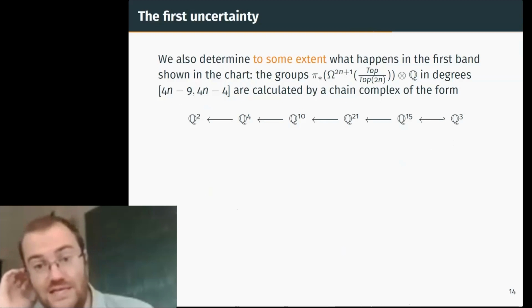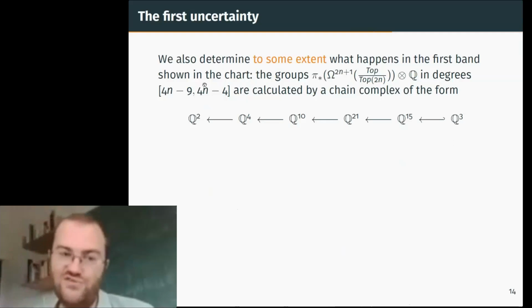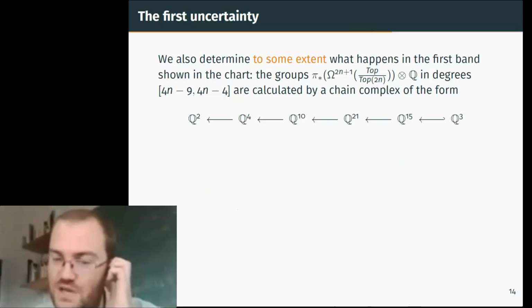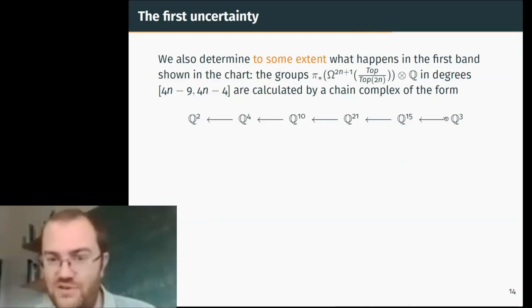And we calculate that in this range of degrees, 4n minus 9 to 4n minus 4, so that's exactly the width of that band, the homotopy groups are calculated by a chain complex of this shape. So q squared, q to the 4, q to the 10, q to the 21, q to the 15, and q cubed. And a little more information that here the differential injects.